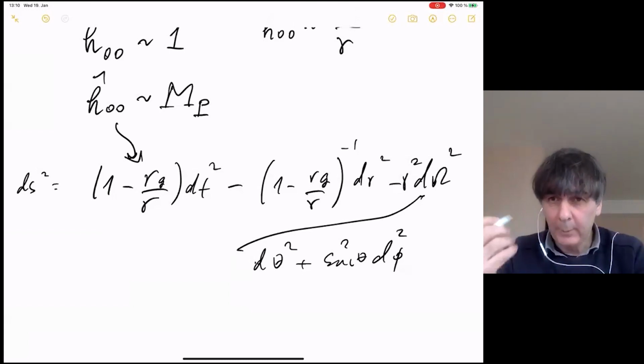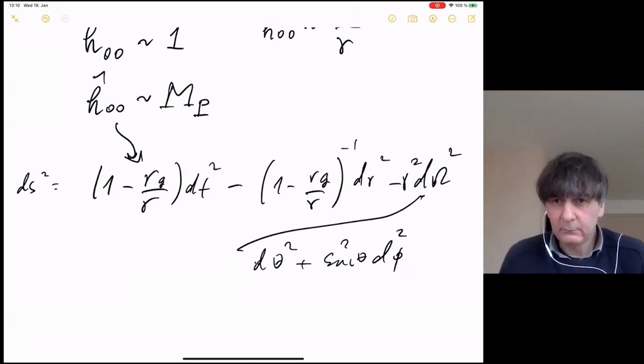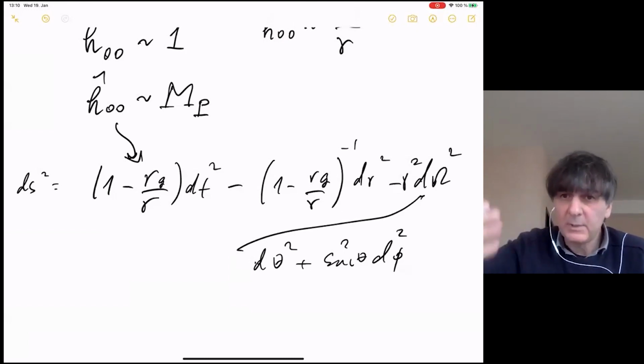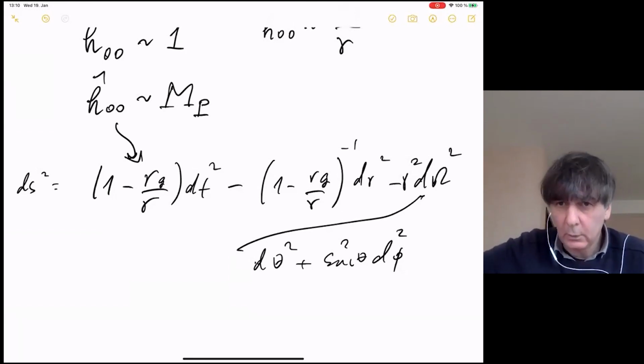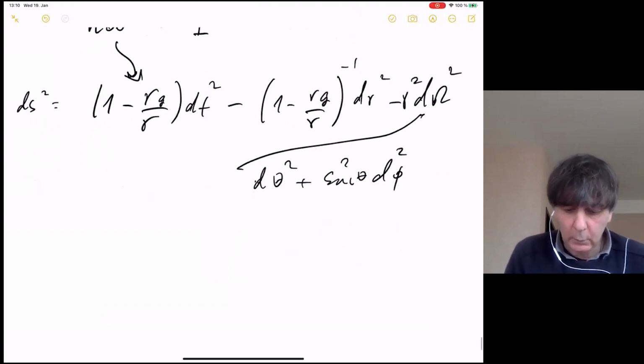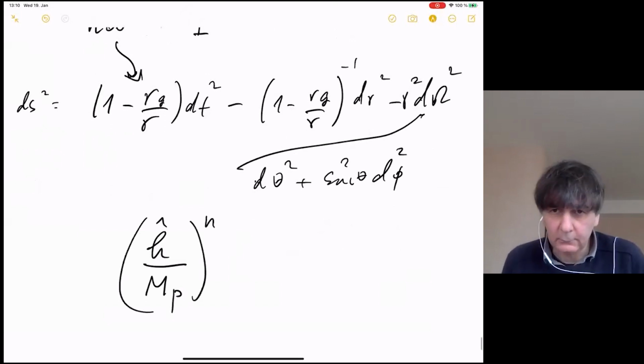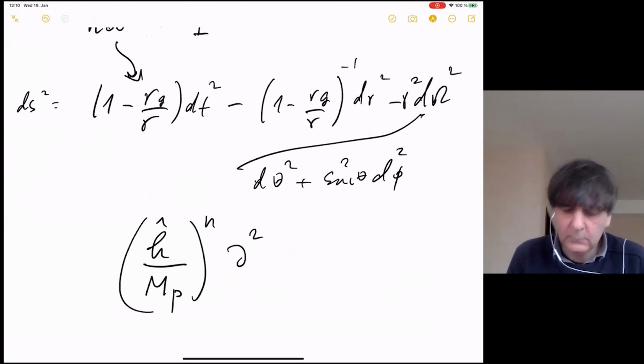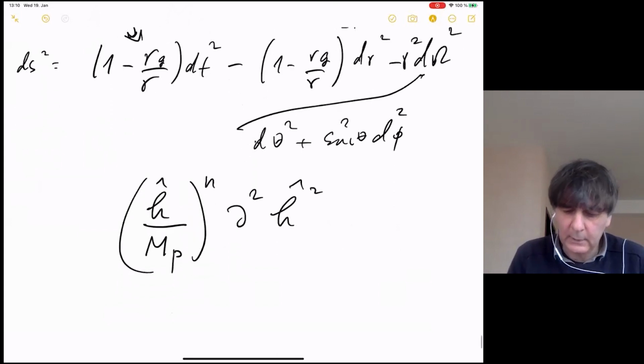But in the language of effective field theory and quantum field theory, this means that nonlinear interactions of canonically normalized gravitons become equally important. Indeed, we said that we can parameterize nonlinear interactions of gravitons like this: two derivatives and two powers of canonically normalized graviton.